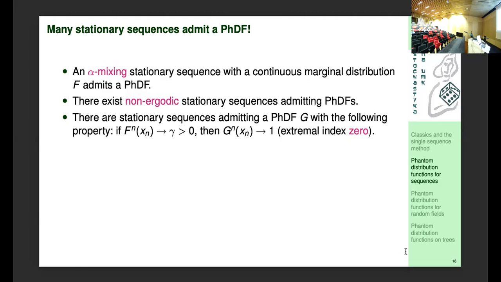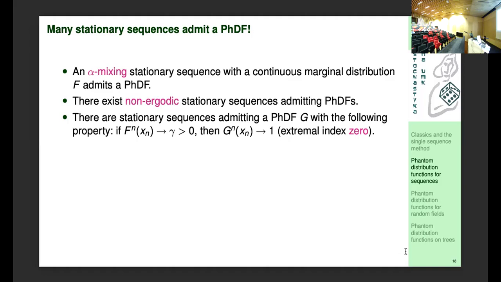There are, and this is also interesting, stationary sequences that admit a non-trivial continuous distribution function with the property that, if F to the n is the maxima of independent random variables with this distribution function F, the same as our original sequence, and the limit is non-trivial, then in fact our maxima go to 1 with this sequence.